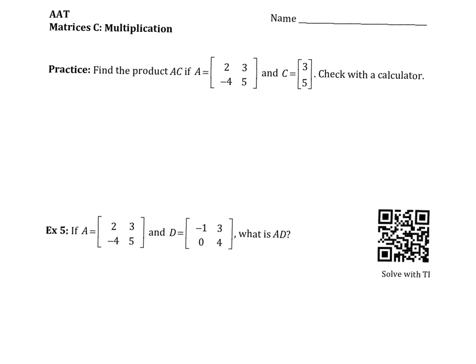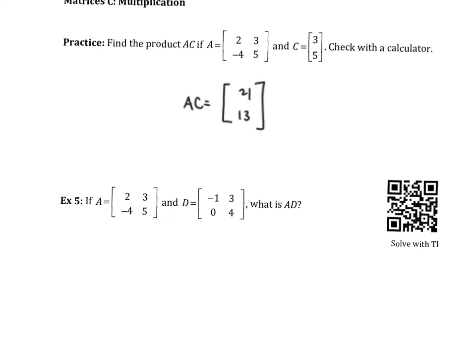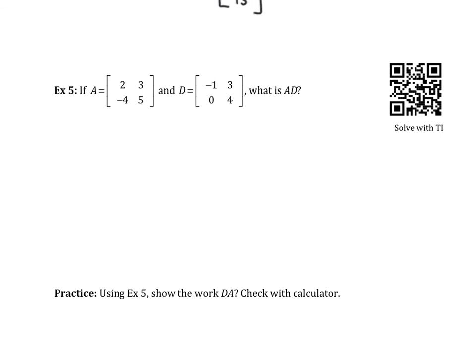Now please take a moment and practice this one and pause to check your answer. And this one ends up becoming 2113. Okay, now, again, the TI calculator is much faster in doing these, but let me now walk through each component here.